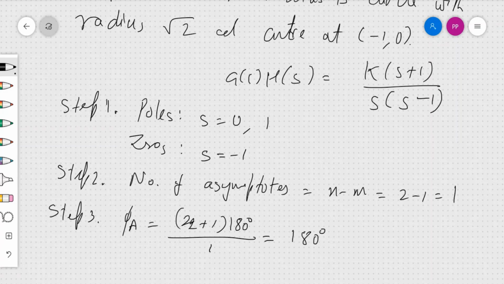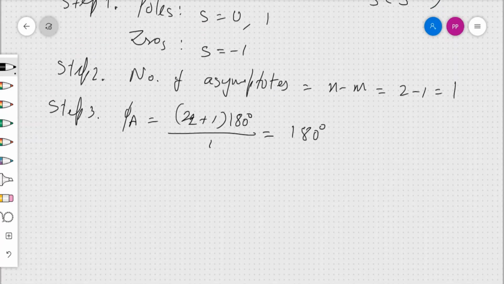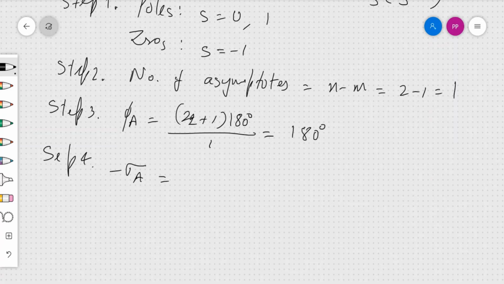So let us understand how it should come. Another step we will do, then we can plot it. Minus sigma a is the centroid, the sum of poles minus sum of zeros divided by n minus m.